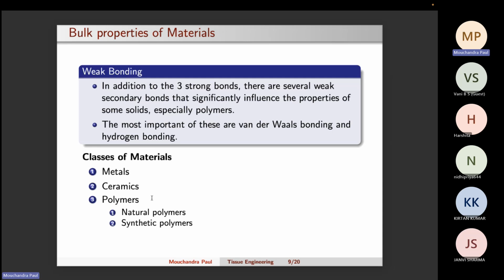There are also biomaterials, used for making devices or tissue constructs that come in contact with biological systems. What are the three broad classes? One is metals, second is ceramics, third is polymers. Based on the origin of the polymers, how they are made, you can classify them as natural polymers and synthetic polymers.